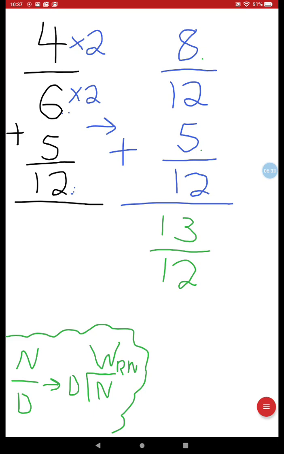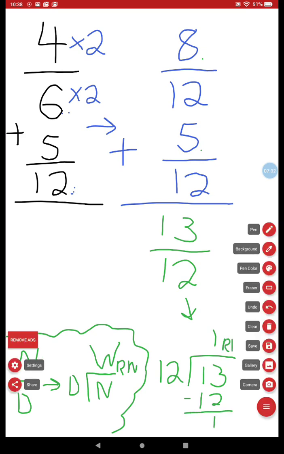Okay, well, I got 13/12, so what should go in the box? Very good. 13 goes in the box. 12 goes out. What's 13 divided by 12? Very good, that's 1. 1 times 12 is 12. 13 take away 12 is 1. So I got 1 remainder 1.